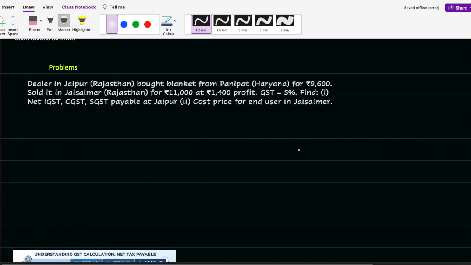Got it? Here let's break it down like this. First into two transactions. Transaction 1. What is happening at transaction 1? An interstate transaction is happening from Haryana to Rajasthan. Interstate. So once an interstate transaction is happening, what is the type of GST you are paying? You are paying IGST at a rate of 5%.